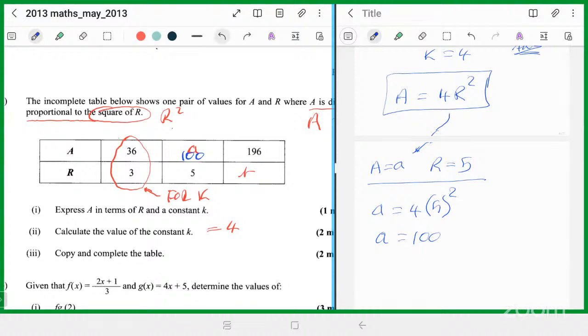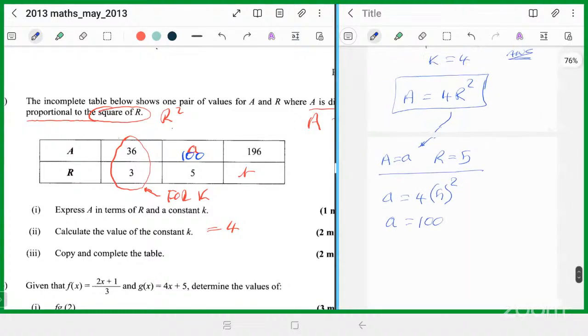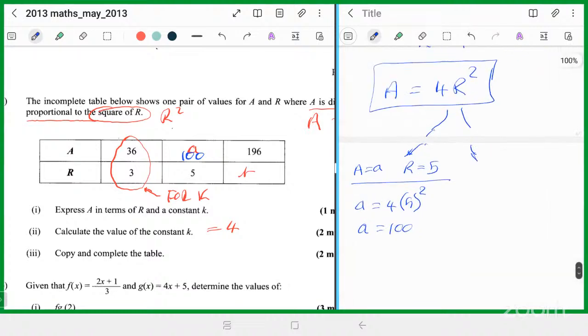Then for this one, we have A equals 196 and R is small r. Again, I plug those values into this formula. It means that 196 is equal to 4 times R squared.